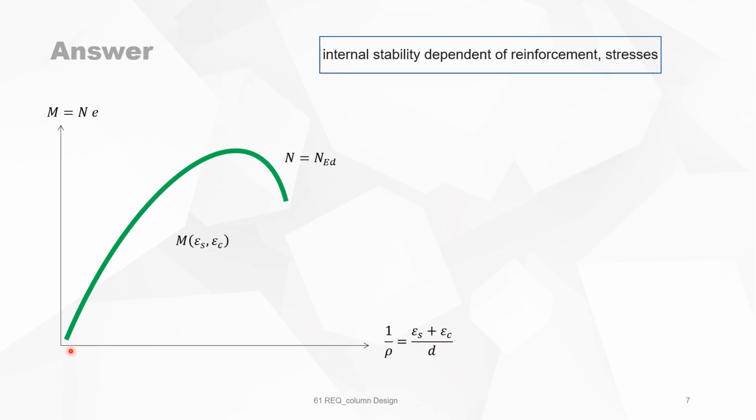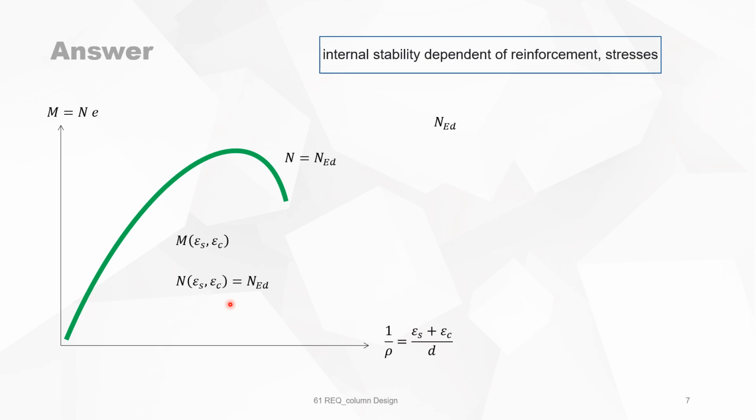The bending moment is a function of the strain in the steel and the strain in the concrete, a certain function, depending on in which domain you are. But this function is well defined. And the normal force is also a function of the strength, but we've put it in a constant. We said this is NED.